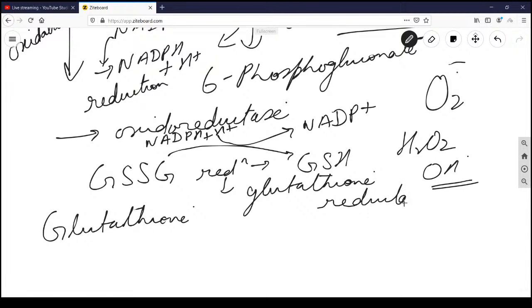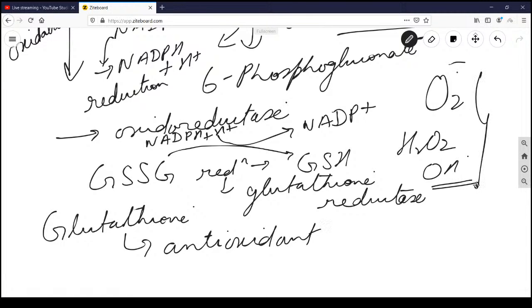Glutathione is a very important, the most pivotal antioxidant, which will quench all the radicals like this. When it quenches, it becomes oxidized to GSSG, oxidized glutathione.